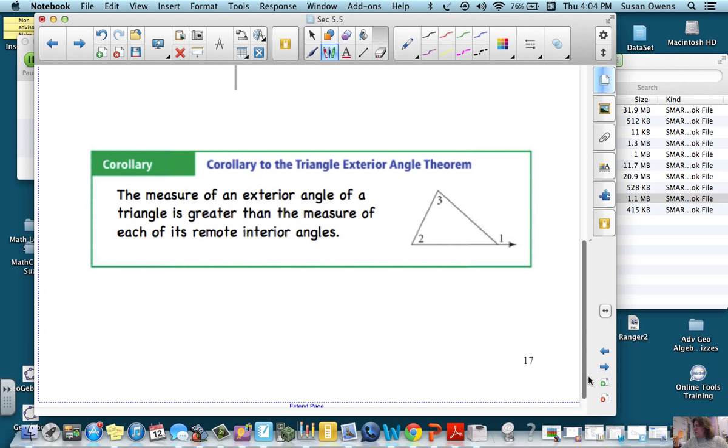This is based on the inequality theorem. If we know the measure of angle 1 equals the measure of angle 2 plus the measure of angle 3, and neither angle 2 nor angle 3 can have a measure of 0, then the measure of angle 1 has to be bigger than the measure of angle 2, and also bigger than the measure of angle 3.